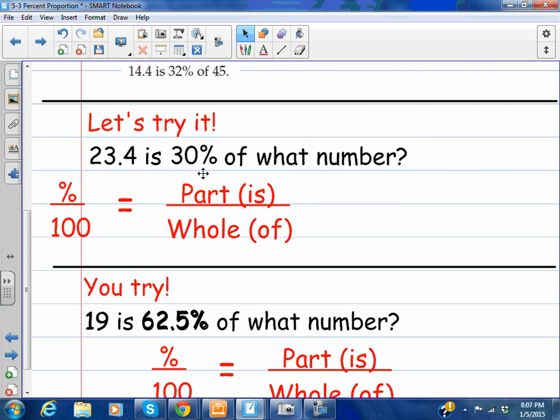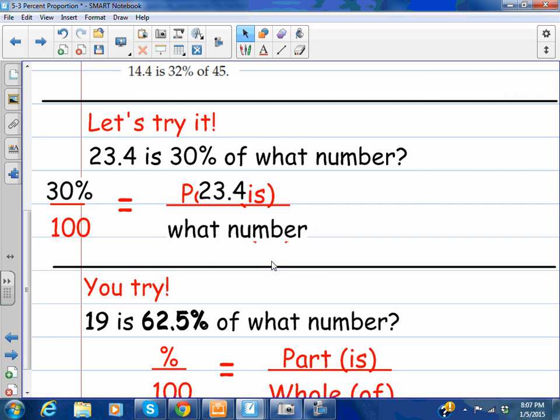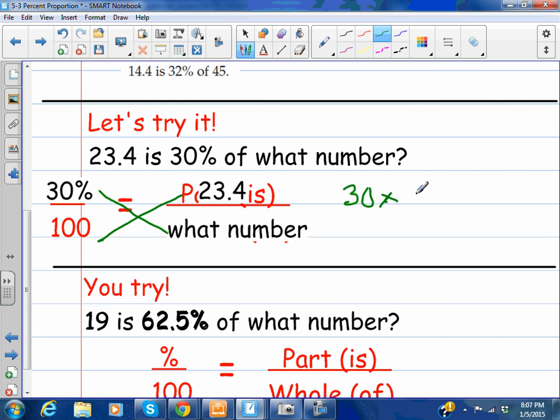So again, giving these ones a try, filling in 23.4 is, we know our is, 30% of, we're not sure. Do your cross products. You're going to multiply across 30 times x, or w, whatever variable you want, is equal to cross products of 100 times 23 and 4/10, which is going to be 2,340.